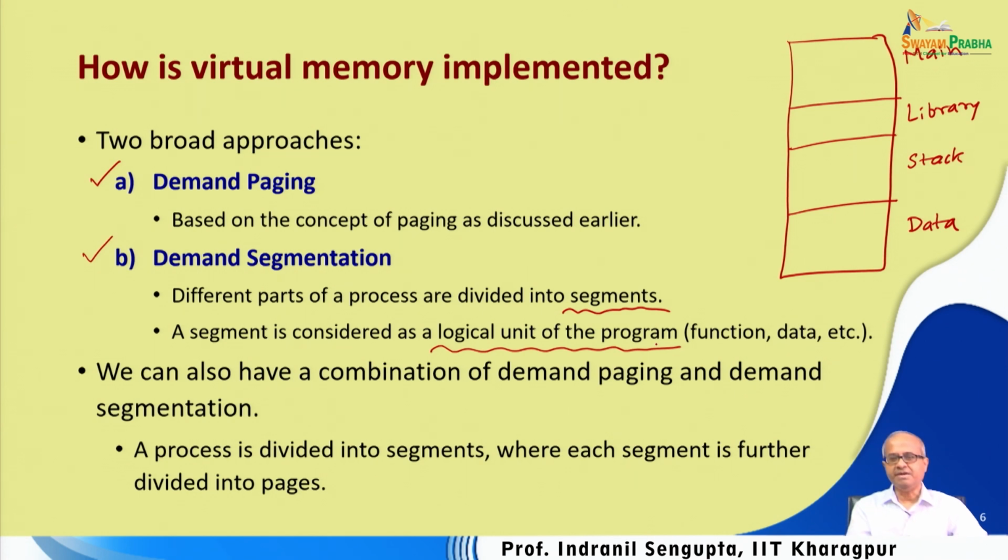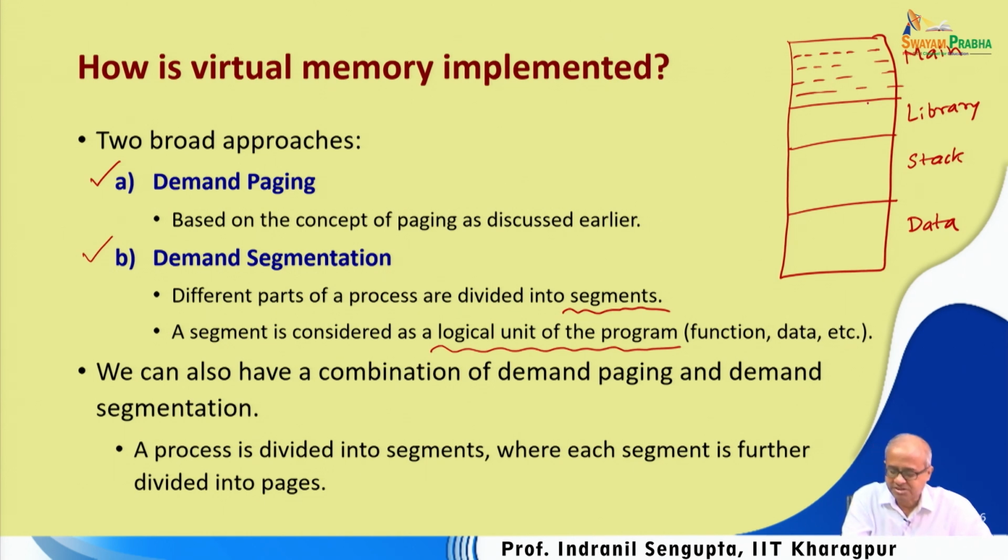Now, you can see that we can also combine the concepts of demand paging and demand segmentation. Let us say we can have demand segmentation where you load the segments on demand, but every segment, let us say the main segment, we divide into pages. So, when you load the main function into physical memory, we use paging: we divide it into pages and load the pages in memory.